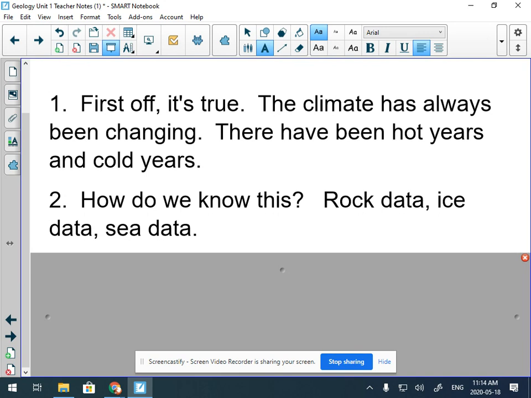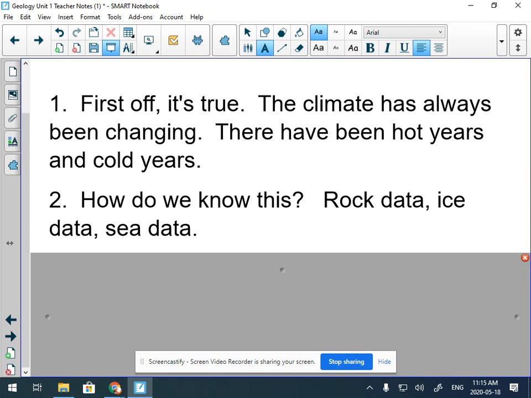How do we know the climate has changed? How do we know it just hasn't been the exact same average temperature on Earth millions and millions of years ago? Well, we have rock data. Different types of rock form under different temperatures. We have data that's stored in ice. The ice data and the gases that are trapped within the ice also tell us general temperatures.